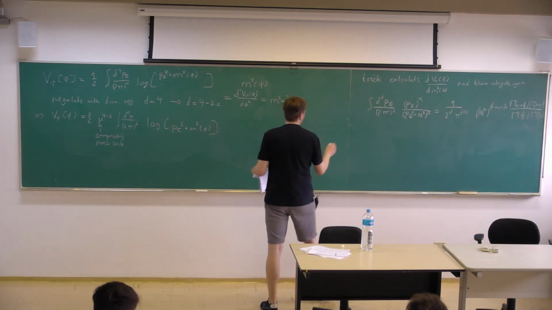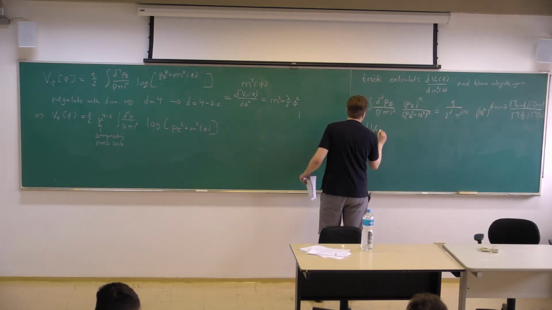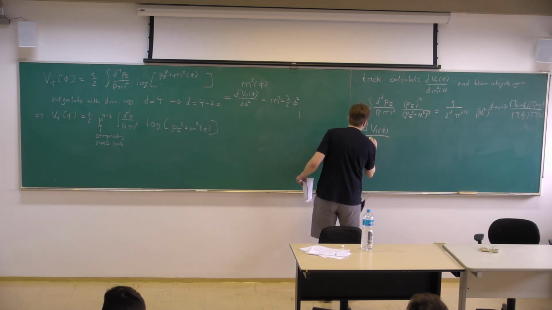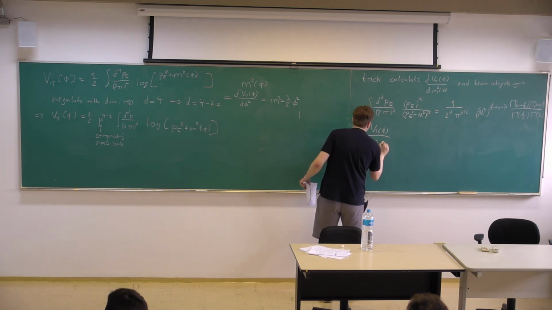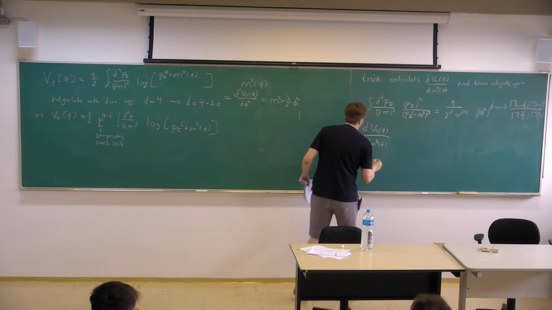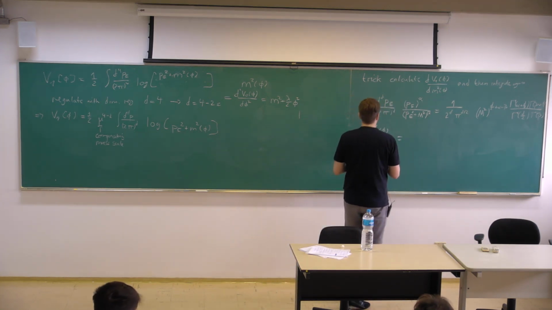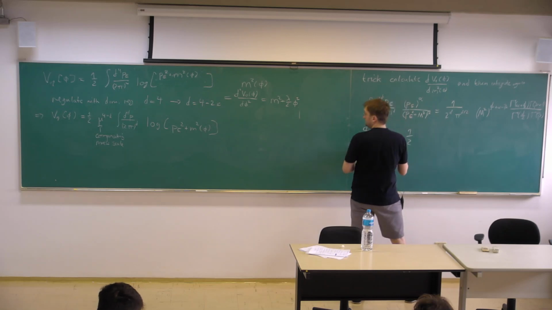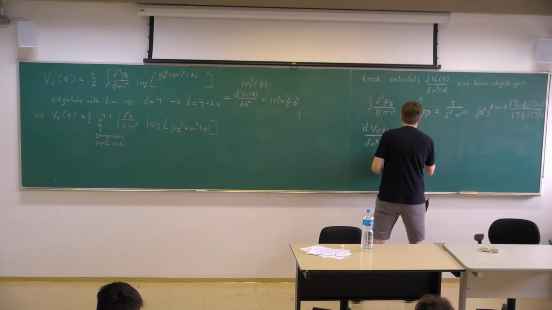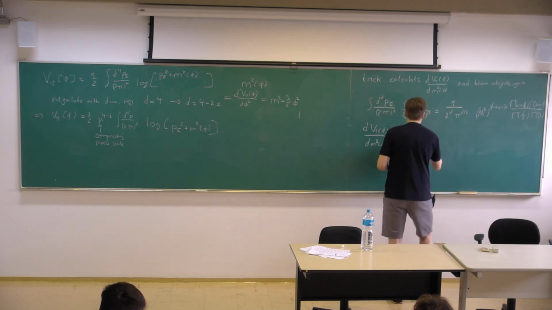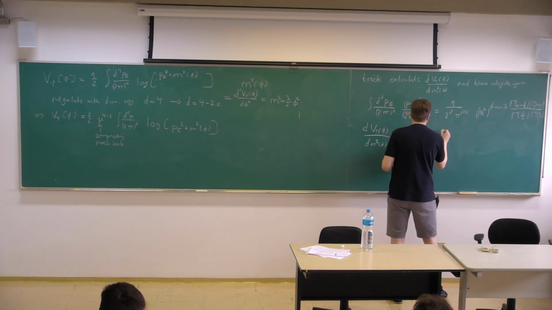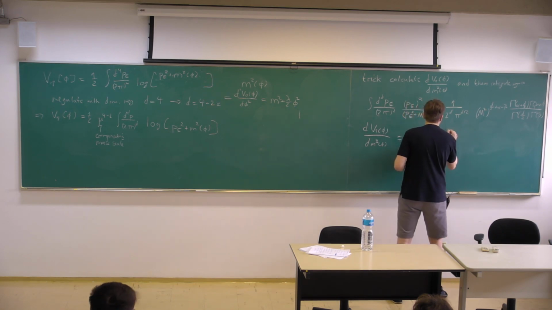So I'm taking the derivative of this. So dV1 of phi over d m squared of phi is equal to 1/2. Nothing happens with this. I still have the integral.